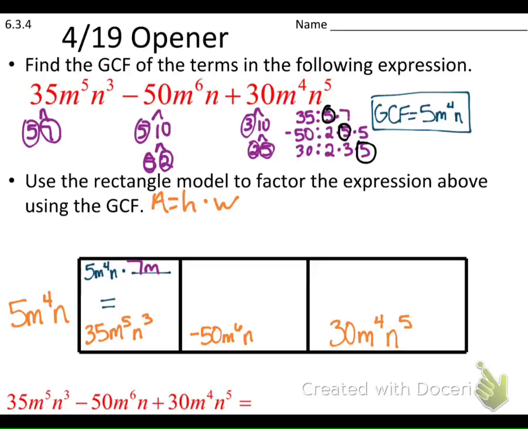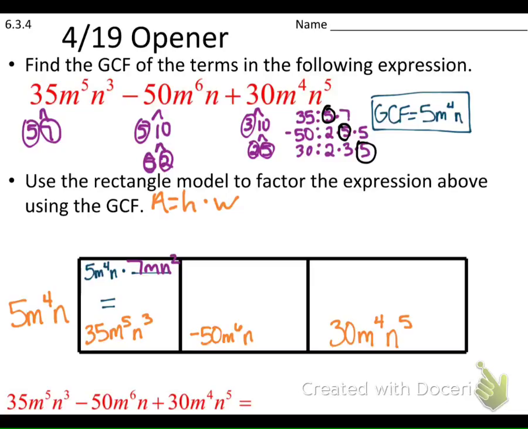My area has 3. How many does my width need to have? Brendan, how many does my width need to have if I have 1 here and 3 here? 2, right? So I'm going to put n squared up there.